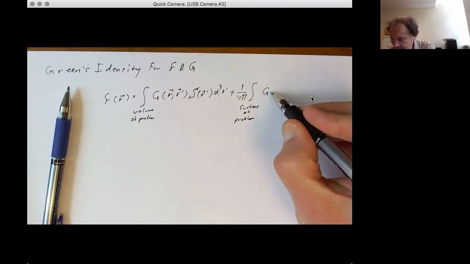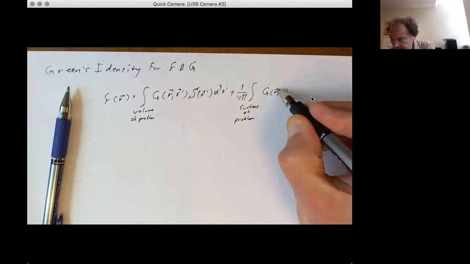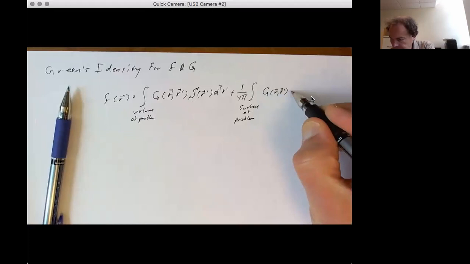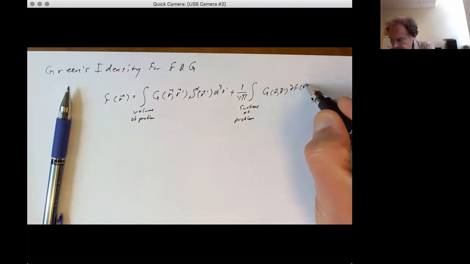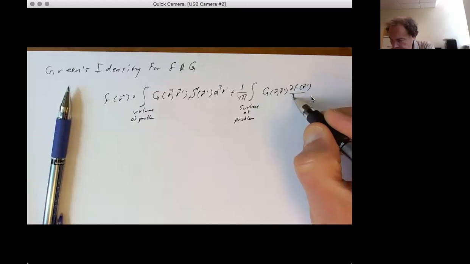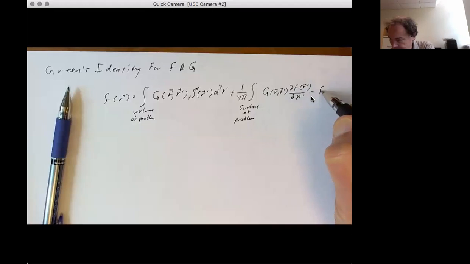G(r, r prime) partial F of r prime, partial n prime, minus F of r prime, partial G(r, r prime), partial n prime, dA prime.